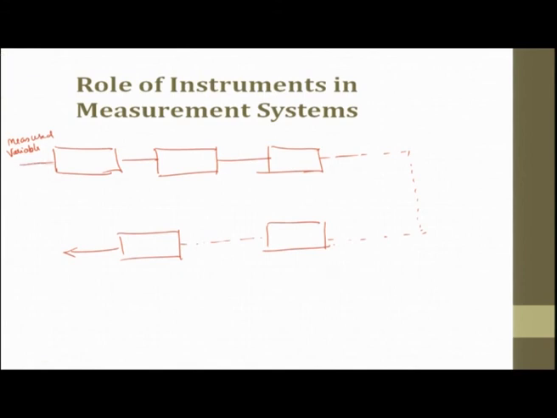Okay, this is given here. So here is a sensor to measure it. Then here what we have is a variable conversion element. The next one is where the signal is getting processed. Okay. Then here what we have is output measurement.